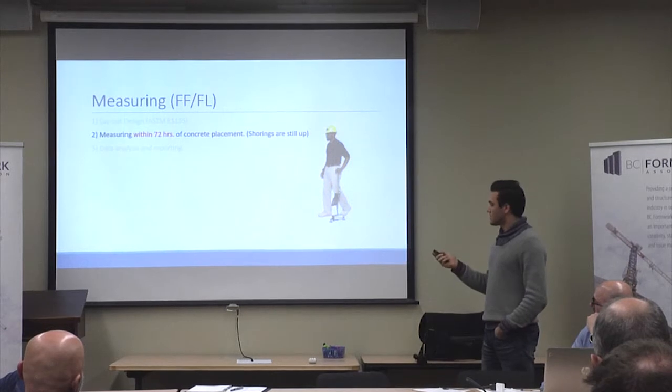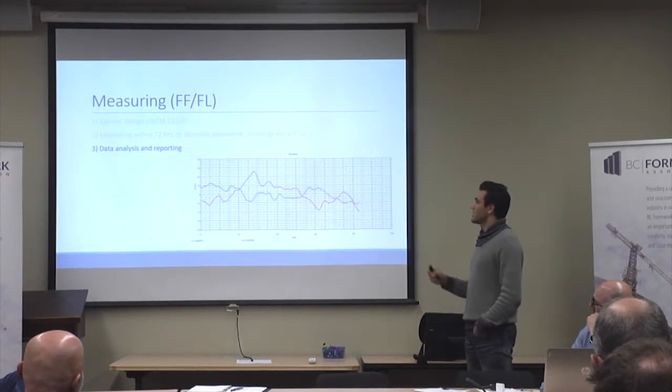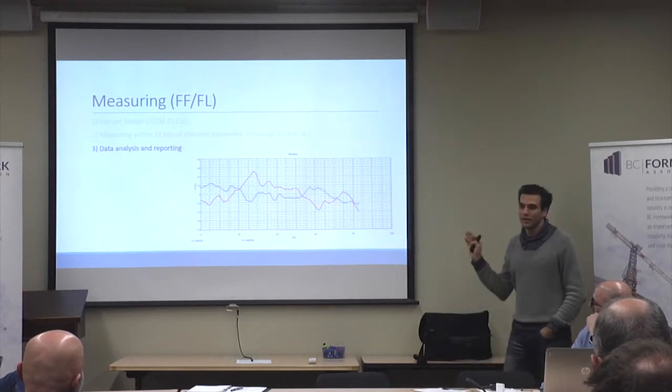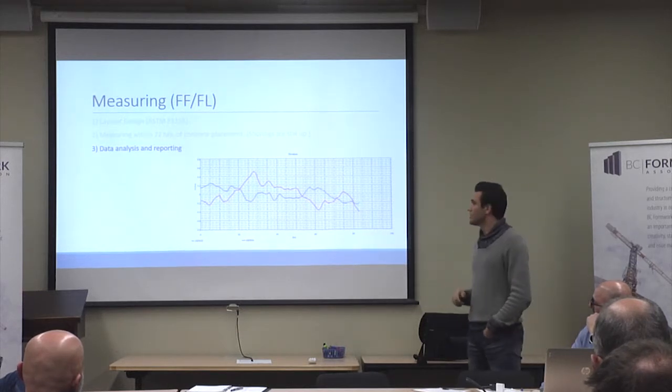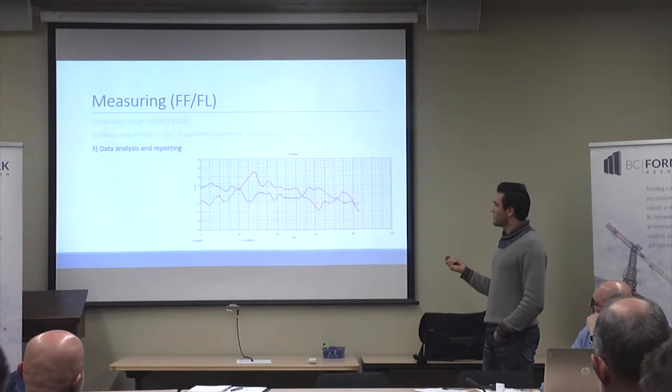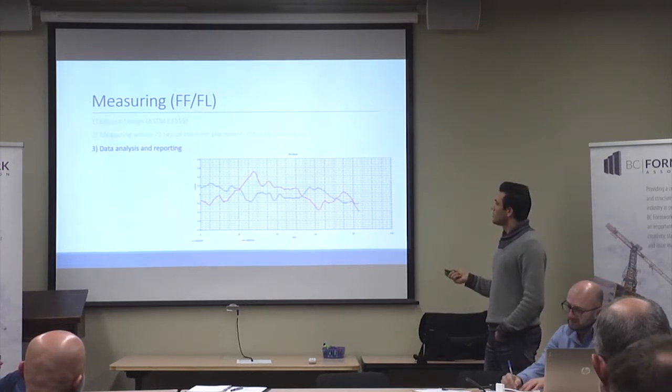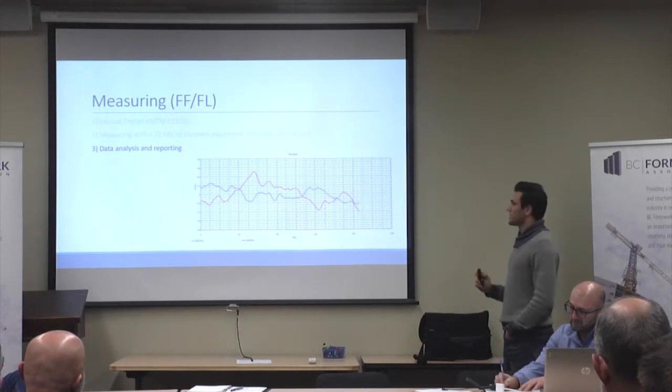After that, we collect data, go back to the office, do the data analysis, prepare the report, and send it to you or the GC, whoever hired us. That's pretty much the three steps involved in this.